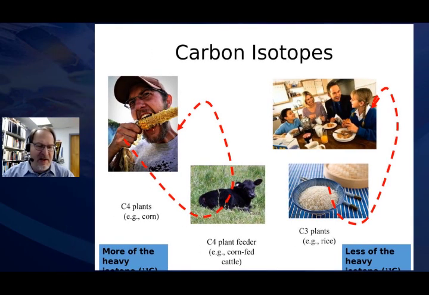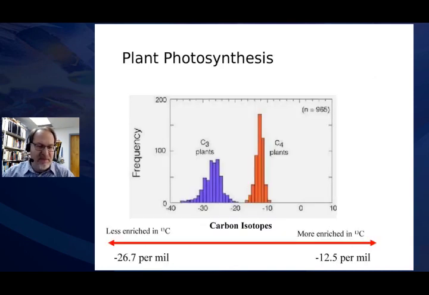And what you're going to see is different isotope signatures incorporated into things like bones, teeth, hair, and finger and toenails, depending on the composition of the diet of the consumer. Just to showcase the differences between a C3 plant and C4 plant, you can see that they form a bimodal distribution. There is no overlap between these.